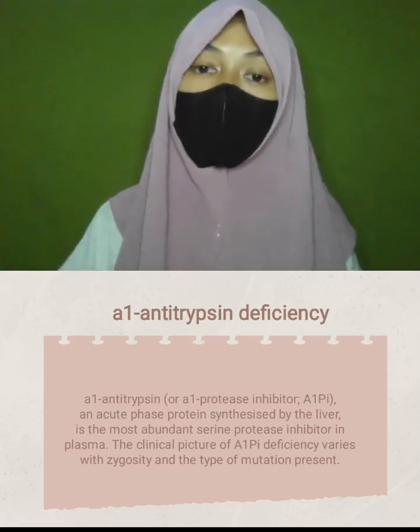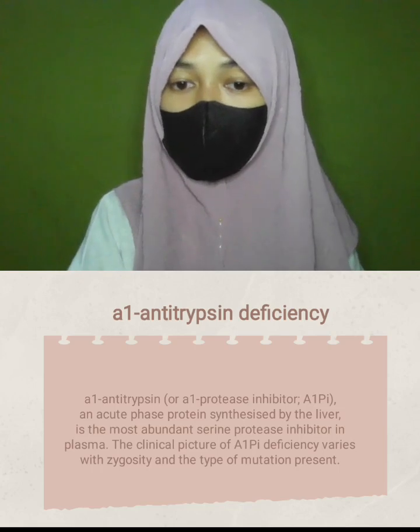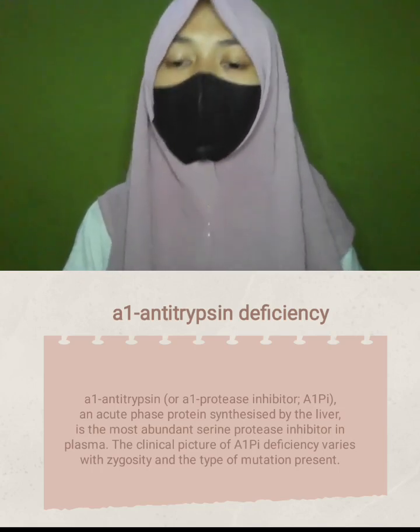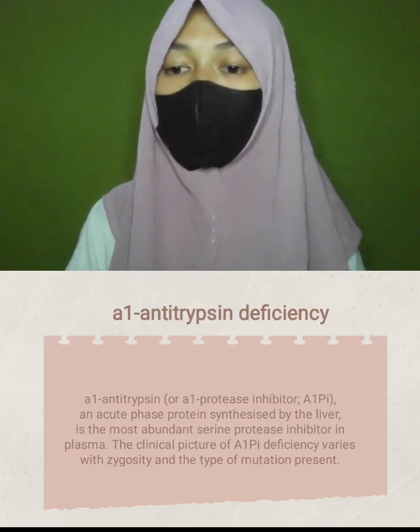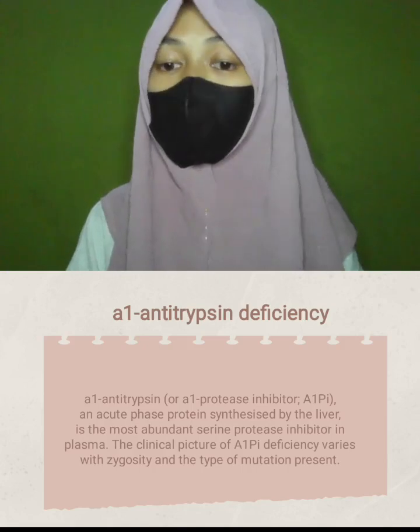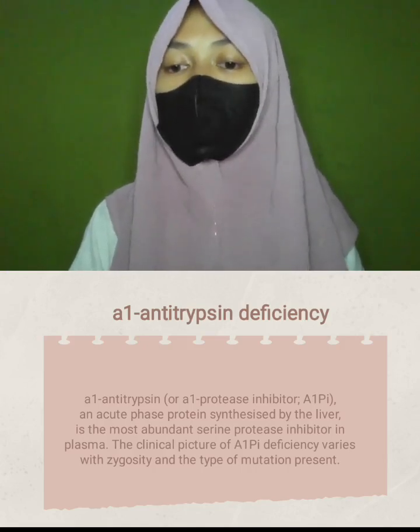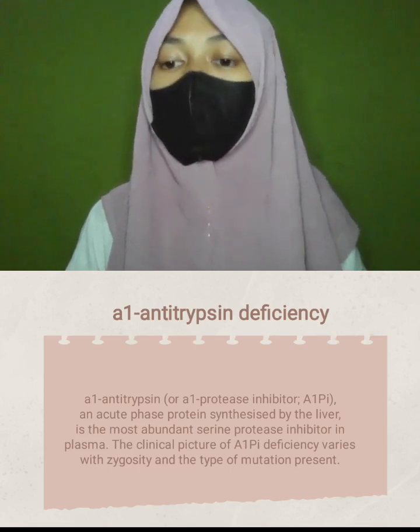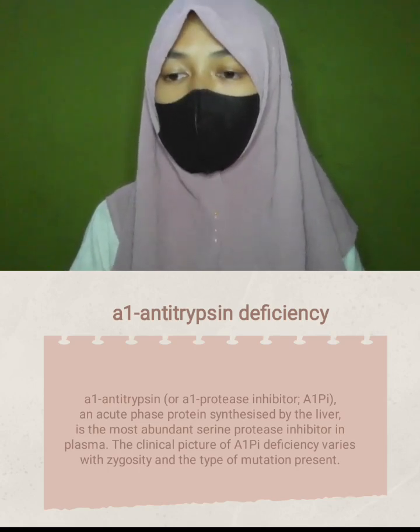Plasma levels of this disease, A1PIZ homozygous patients are greatly reduced but measurable. Homozygotes are prone to develop early pulmonary emphysema, and in a subset of patients, 15%, cirrhosis and hepatoma.